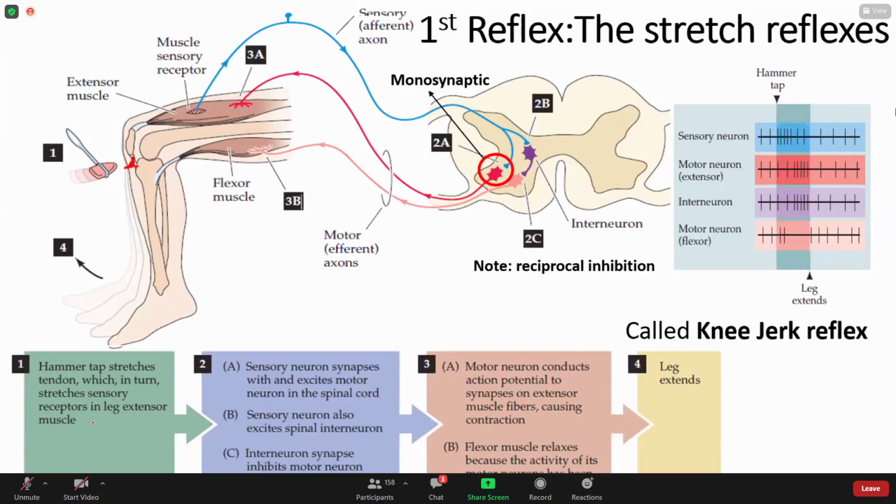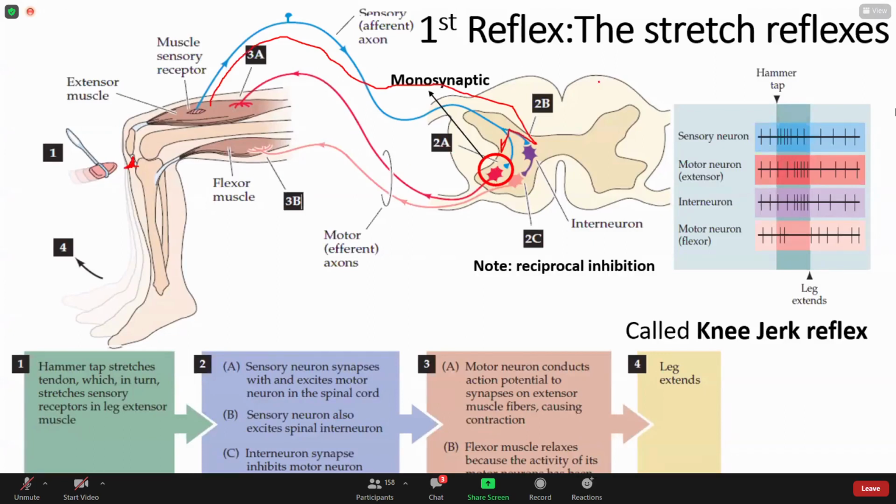So by tapping, there is an induced change in the length of the muscle, which will be detected by group 1A sensory neurons. These sensory neurons go to the dorsal horn of the spinal cord, where they synapse directly with an alpha motor neuron, and this alpha motor neuron is going to excite the extensor muscle.